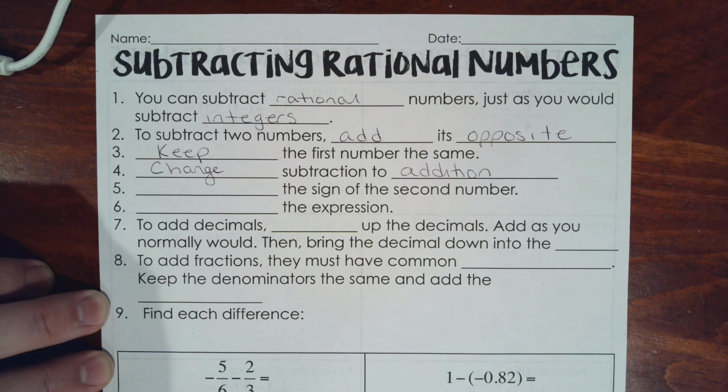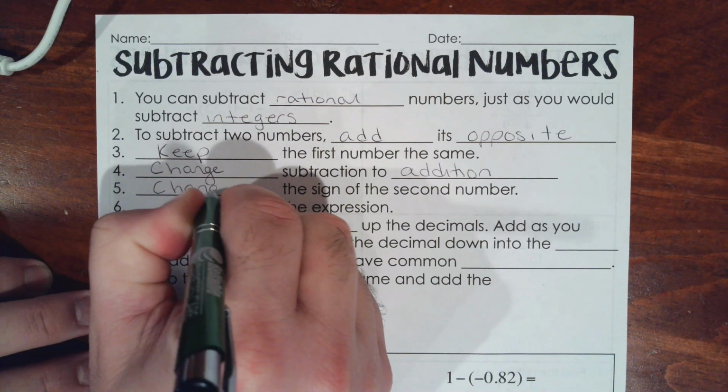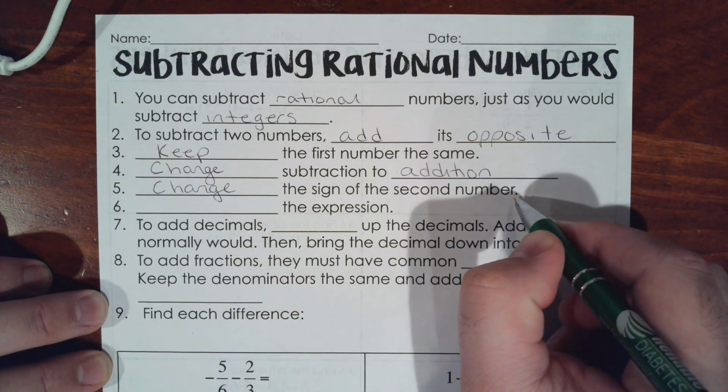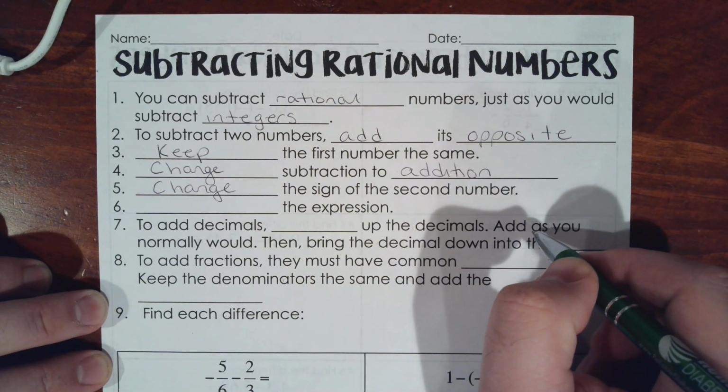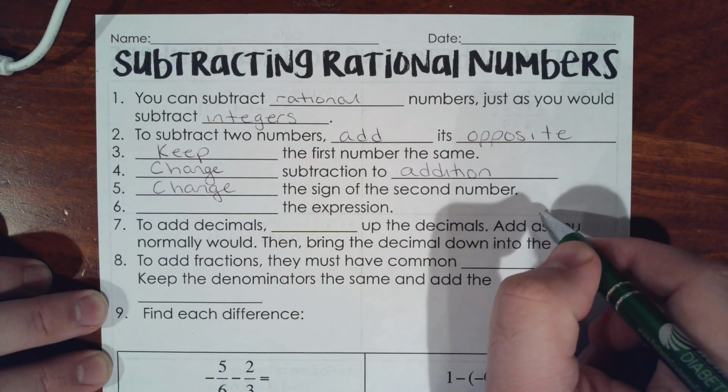And we're going to change the sign of the second number. So that means that if the second number is positive, we're going to make it negative. And if the second number is negative, then we're going to change it to be positive.